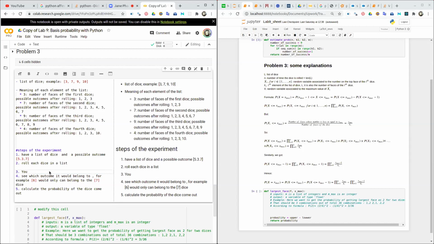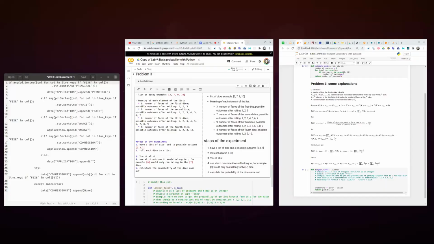Are you able to access it? You see it now. Yeah. I'll restart my computer.